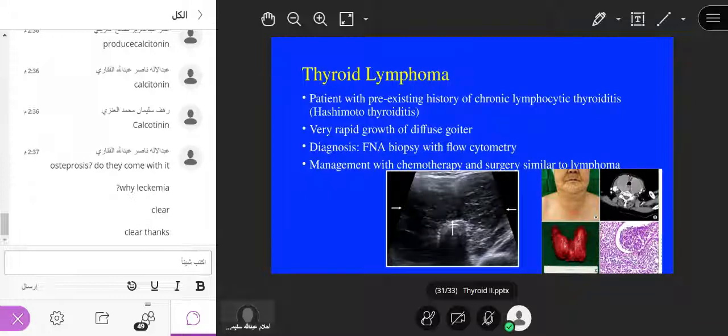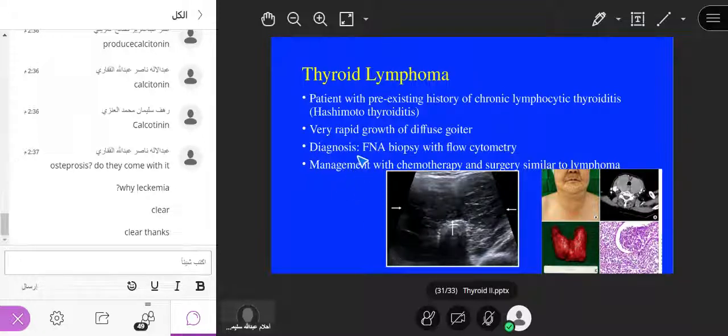Lastly, I told you we're not covering poorly differentiated and anaplastic, but I want to tell you about thyroid lymphoma. The history and presentation of thyroid lymphoma is that the patient has a pre-existing history of Hashimoto thyroiditis, chronic lymphocytic thyroiditis, but presents with a very rapid growth of a diffuse goiter over time, even if they were well controlled.